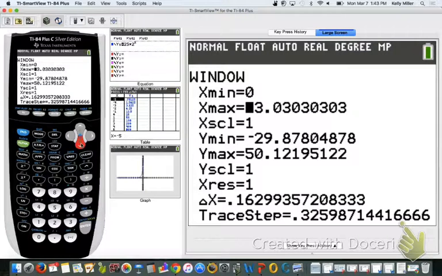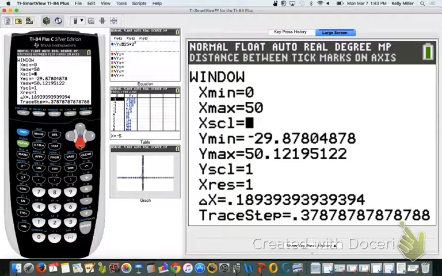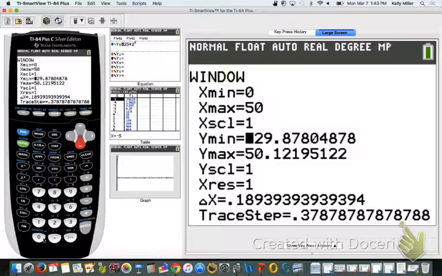How much time do we want to do? 50 years. Y minimum. Are we ever going to have a negative amount of bacteria? No. Let's go 0. Y max?